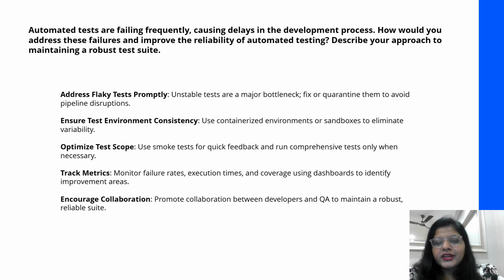Then we need to track the metrics, like what is the failure rate. Once we execute the regression, we check in the dashboard that the first time we executed, was it 50% of the test cases which were executed, 80% or 0%. So that way it gives us the apps on which we need to work more and improve the dashboard, and in the next regression cycle we just compare the numbers, are we any better, because we also have points in each sprint where we are improving on the maintenance test cases.